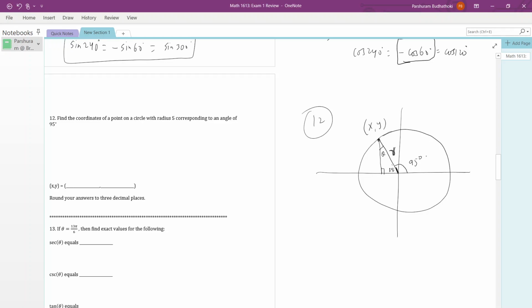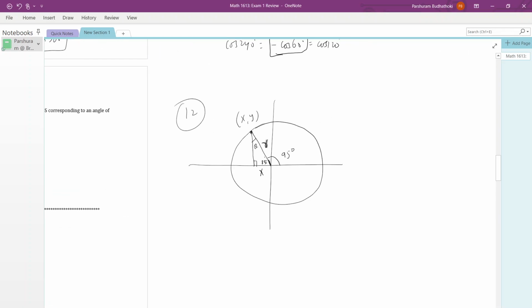So if this is the x coordinate and this is the y coordinate, then this distance should be x, but make sure that it's negative. The value should be negative. So whatever x we get here, we're going to use the negative of that value.